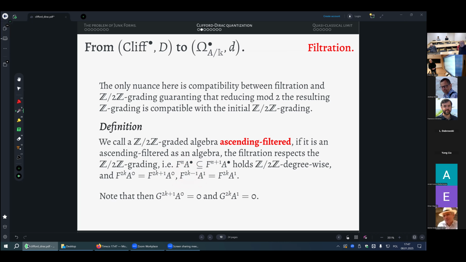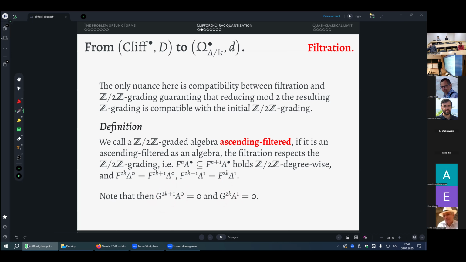The simple consequence of this assumption is that the odd graded part of even elements is zero, and the even graded part of odd elements is zero.